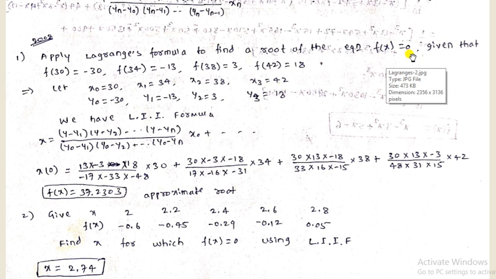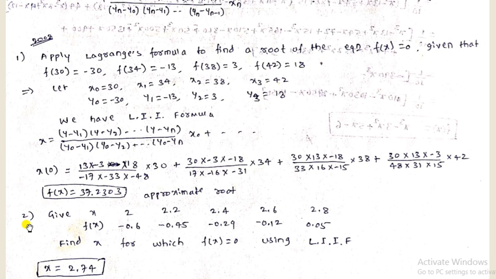So f of x equal to 0 means the value of y is given. With the help of y equal to 0, we calculate the value of x. Write Lagrange's inverse interpolation formula and substitute the values of x0, x1, x2, y0, y1, y2, y3. This procedure is similar to the above example, and after simplifying we get the value of x as 37.2303, which is the approximate root.